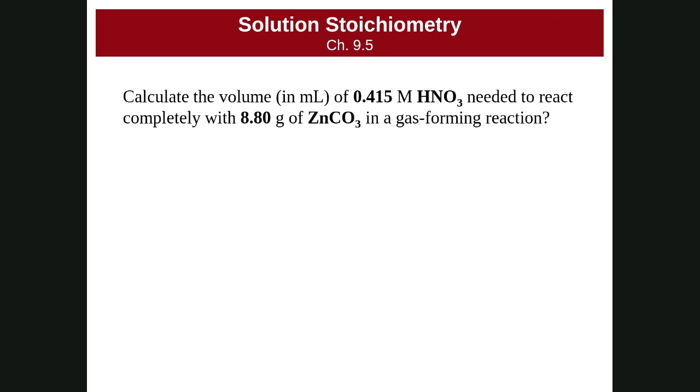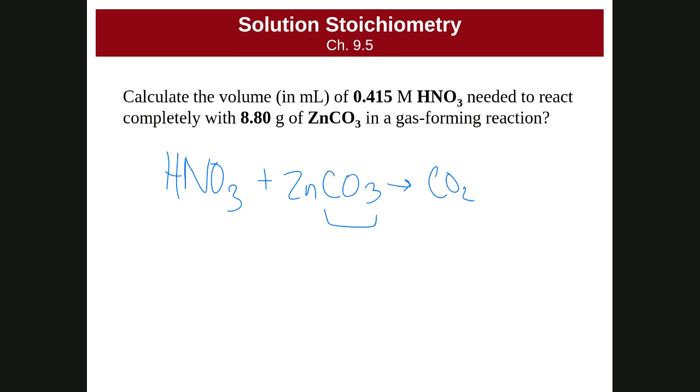We have nitric acid and zinc carbonate, and a gas-forming reaction almost always forms carbon dioxide, and you can tell because it's got carbonate as one of its reactants. So we're going to form carbon dioxide. We're also going to form water, and our final product is going to be zinc nitrate.